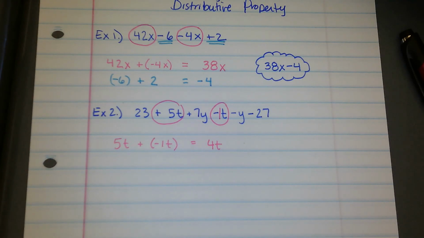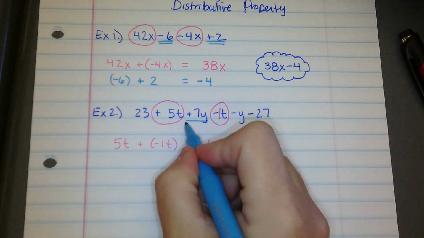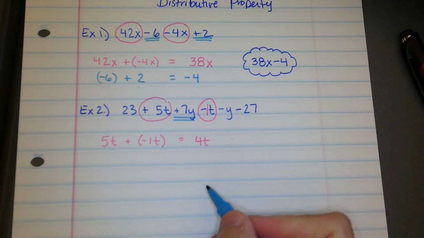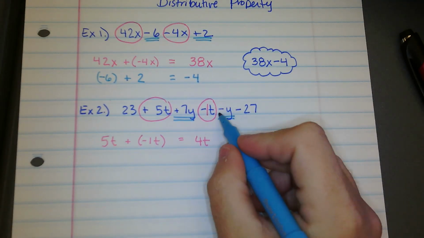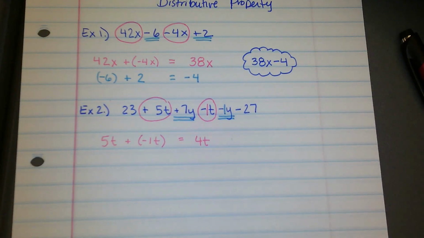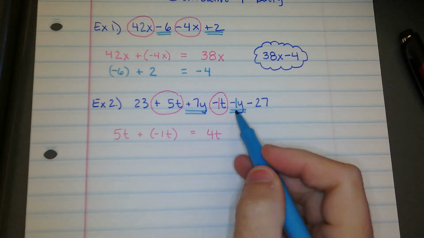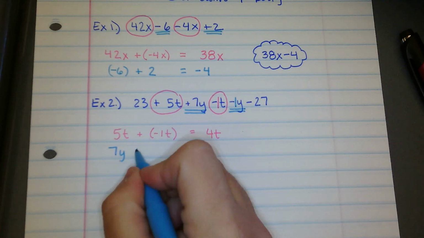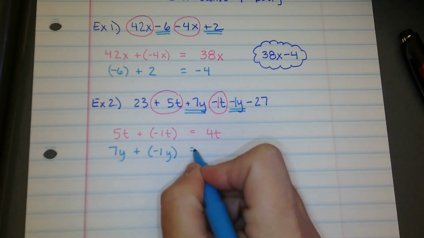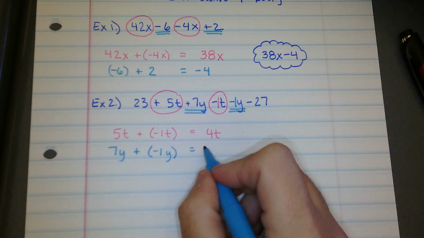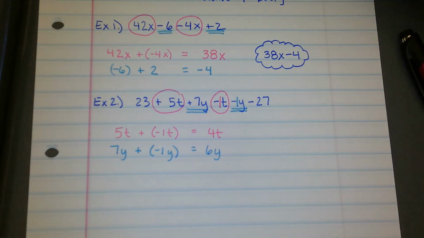Okay, so the next one we're going to do is I have y's. I have a 7y that's positive, and I've got another minus with a variable. This is a minus 1y, and we're going to combine those as well. So we've got 7y plus negative 1y, and 7 plus negative 1 is going to give us a 6y.